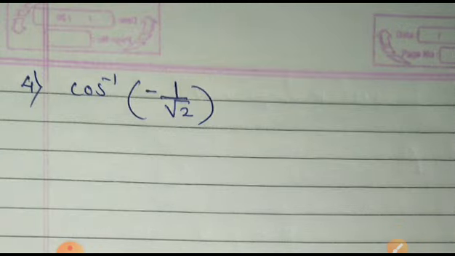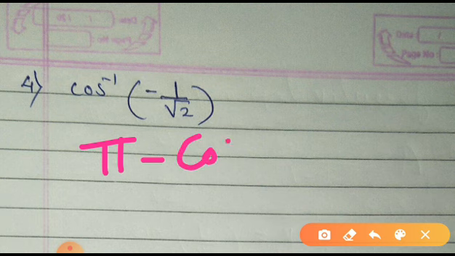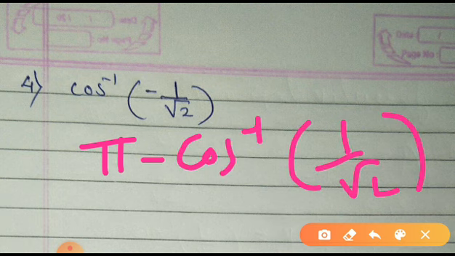Now similarly, can you tell for cos inverse of minus 1 by root 2? What is cos inverse of minus theta? It is pi minus cos inverse theta. So I'll write it as pi minus cos inverse of 1 by root 2. At which angle is cos 1 by root 2? Yes, it is pi by 4.